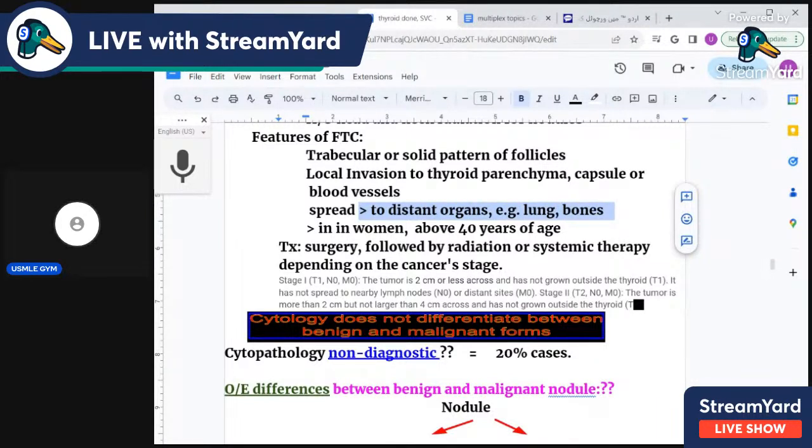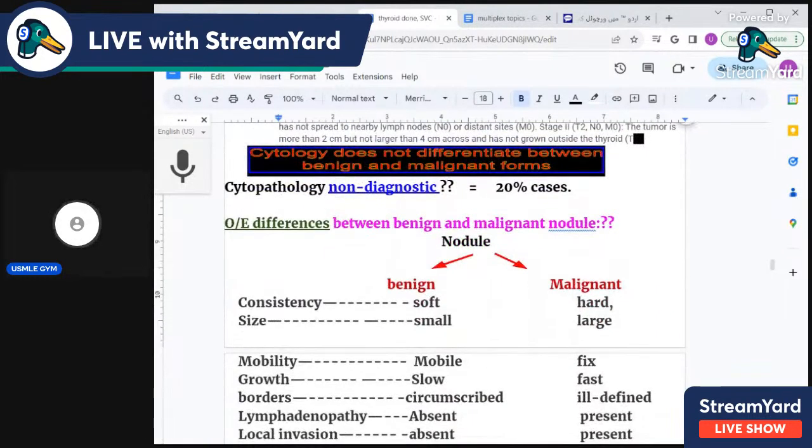The treatment of follicular carcinoma is surgery followed by radiation or systemic therapy depending on the cancer stage. We'll come to the cancer stages when we discuss cancers. Cytopathology is non-diagnostic in 20% of cases.